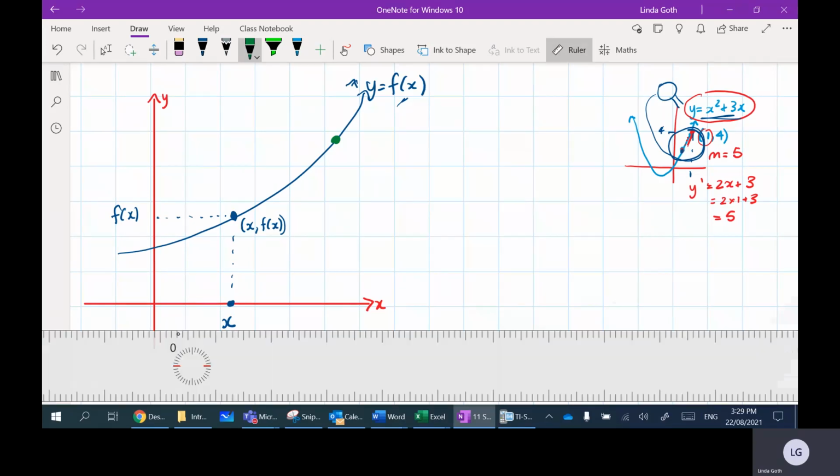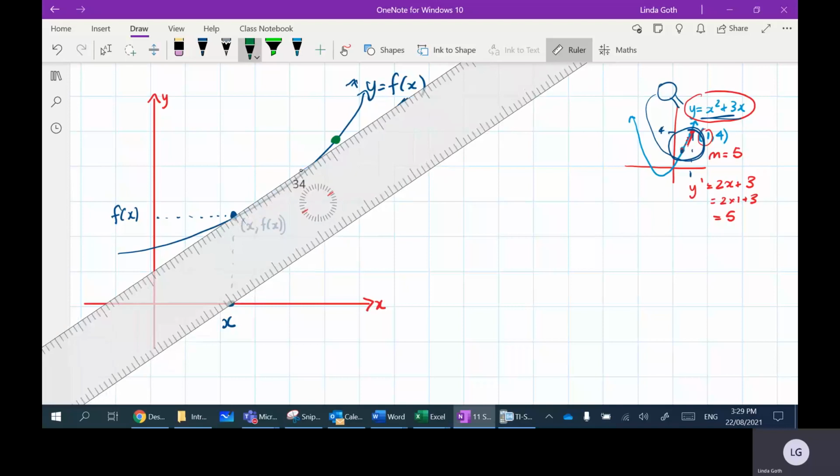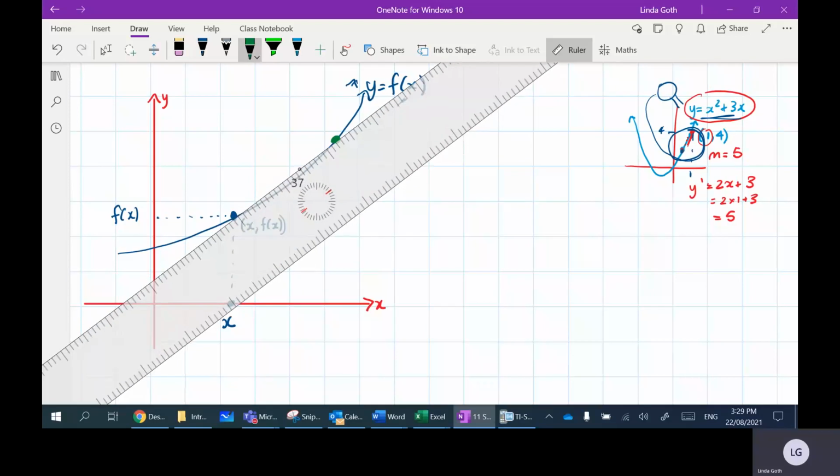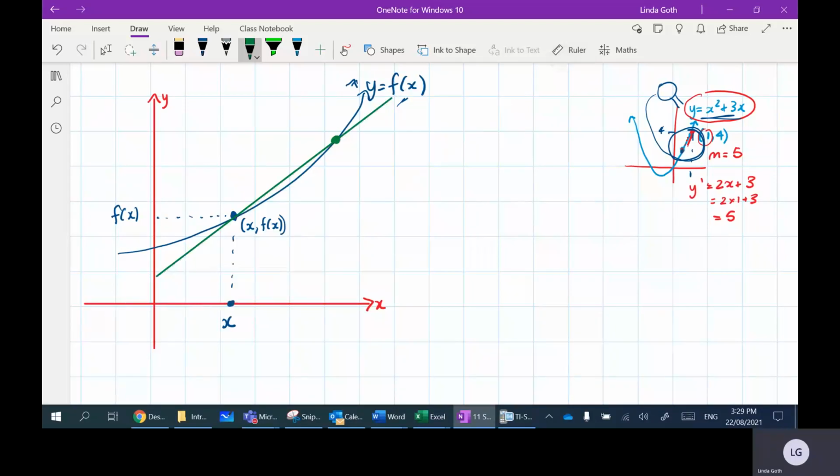So I'll get my ruler and I'll say this is the line I'm going to find the gradient of. And I know that it'll be kind of close, but it won't be perfect. Because remember, we've got a magnifying glass on this, so these points are very, very close to each other.